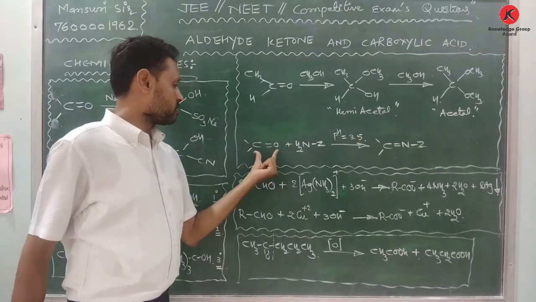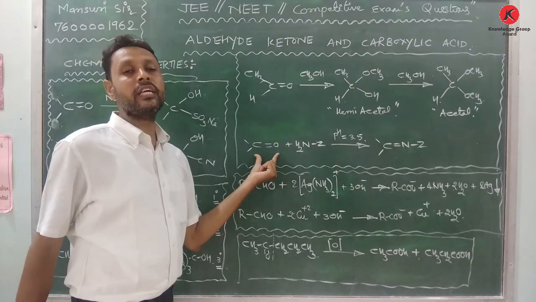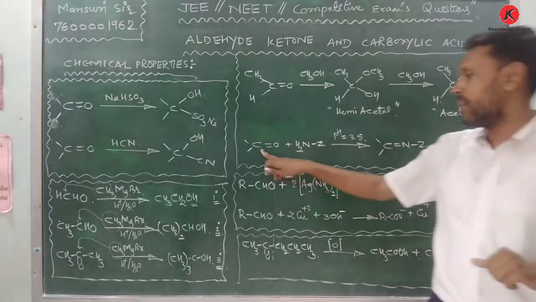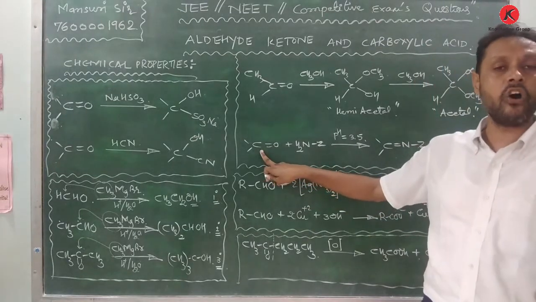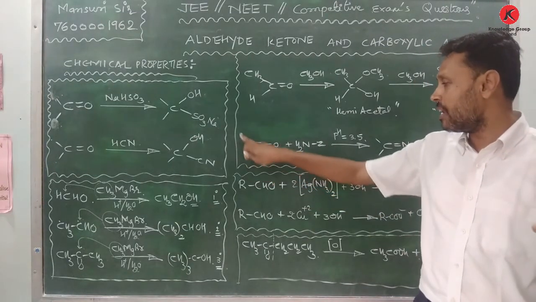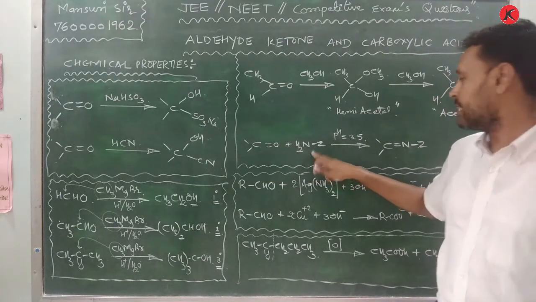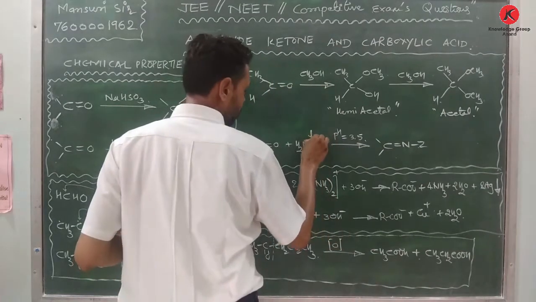Okay, now this carbonyl group containing aldehyde or ketone, that means if you are given ethanal or acetone, reacts with derivatives of ammonia. This is what? Derivatives of ammonia.